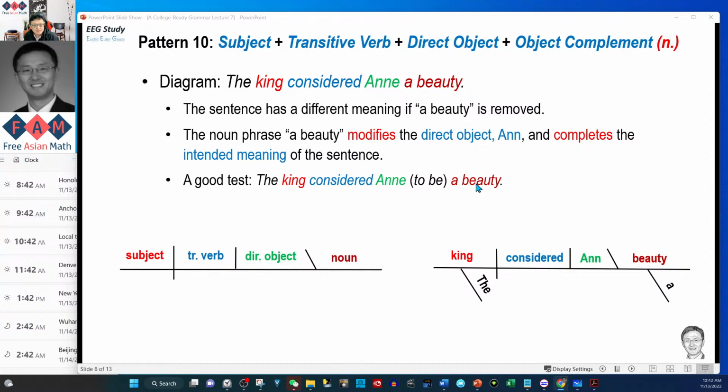The exception is we don't have an adjective here. We have a noun here. The king considered Anne a beauty. So exactly the same way, it's just a different type of part of speech here. So you have a backward diagonal, meaning that this word points back to Anne, and it's a noun. That's it.